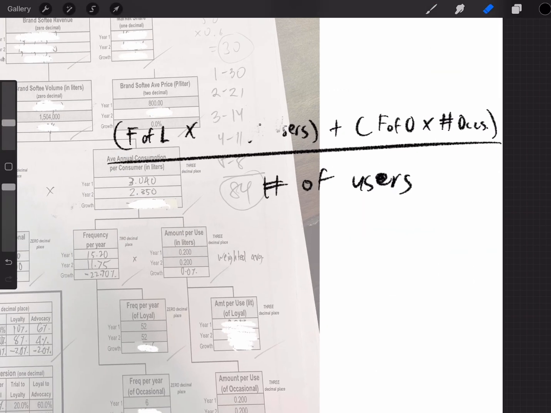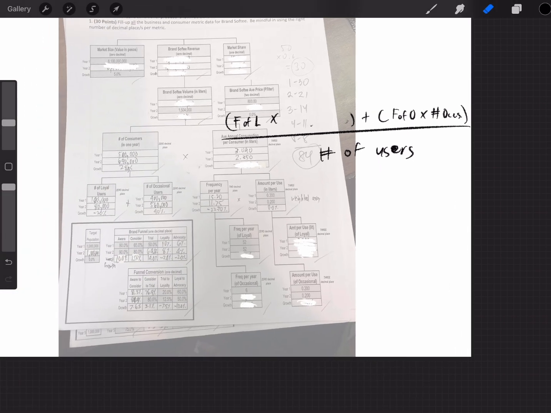We see that the number of loyal users for year 2 is 80,000. This is now 640,000. The frequency for loyal is 52. The frequency of occasional is unknown, but we do know that the number of occasional users is 560,000.